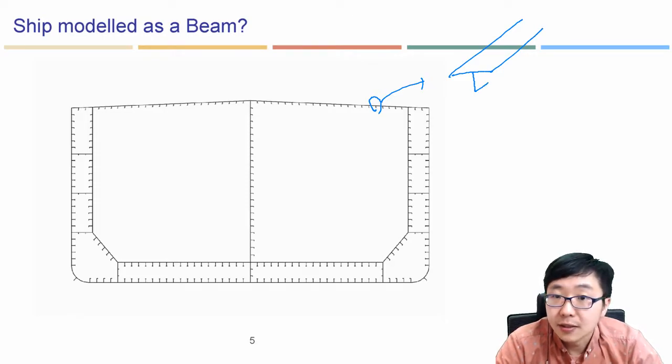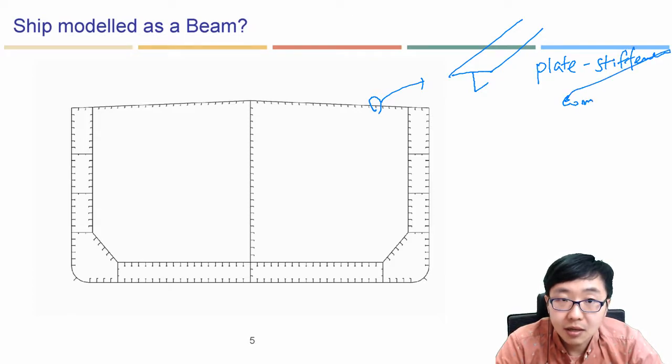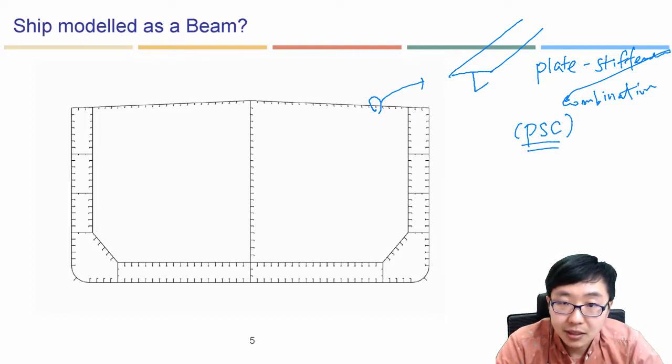And in our case, we call it the plate-stiffener combination model. So we call it PSC, or we can split it based on the plate and stiffener and plate.